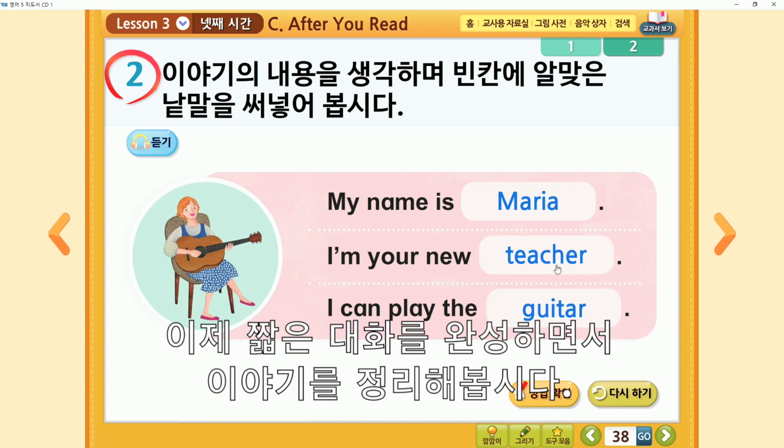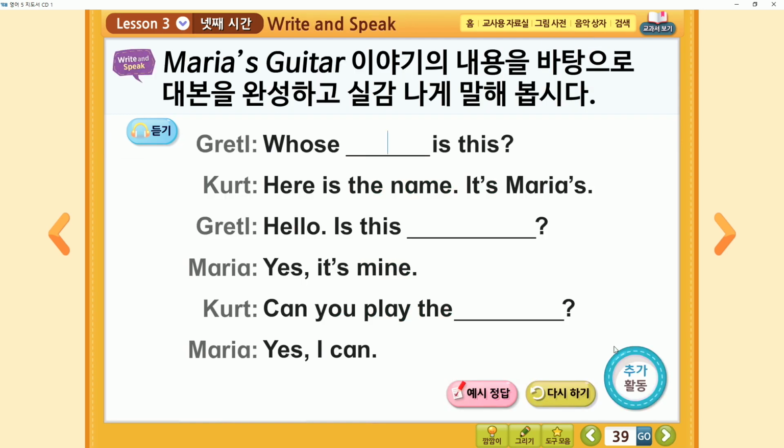Now let's finish this story by completing the dialogue. Write and speak. And let's read together. Ready? Go. Whose guitar is this? Here is the name.